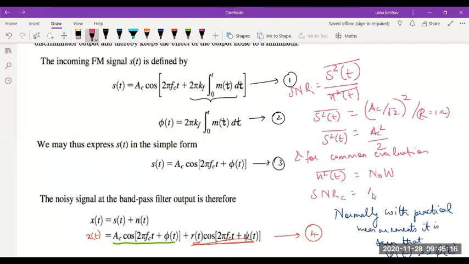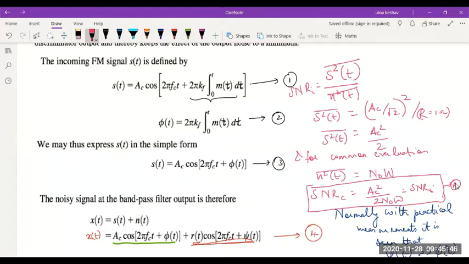SNRC is AC square by 2 N0 into W. I'll call it SNRC because I'm taking this common noise power at all the inputs. Sorry, we missed finding this. Even if you write it below, it is okay.